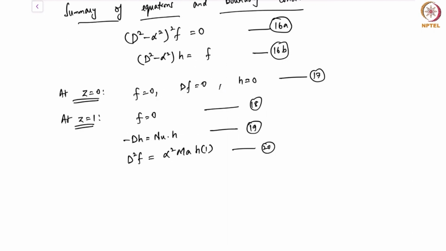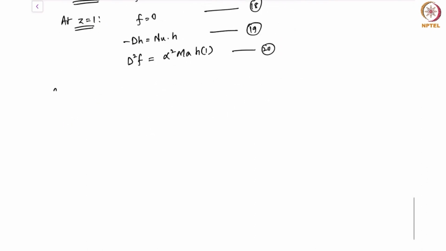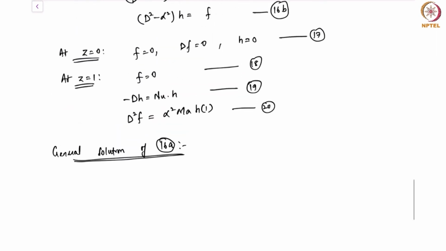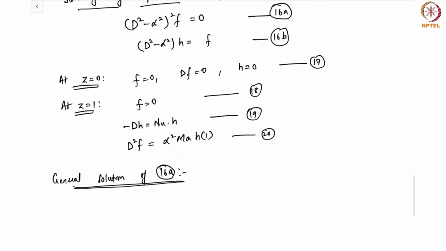Now there are no exact solutions for these equations, because we are primarily looking at the marginal stability condition. The general solution of 16a, I will state it without deriving it systematically, because the derivation is not important.